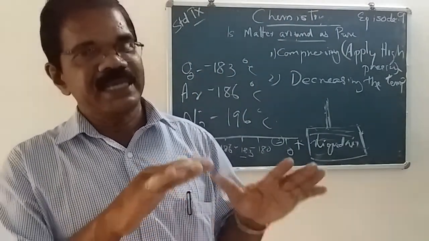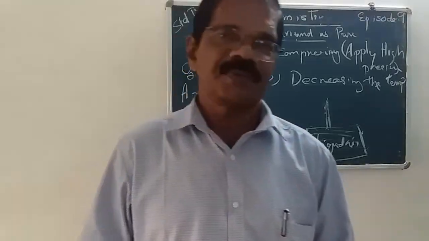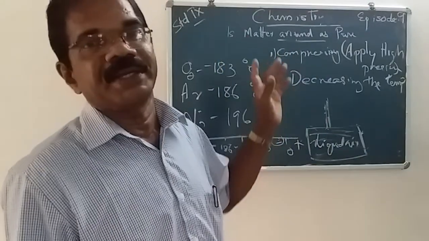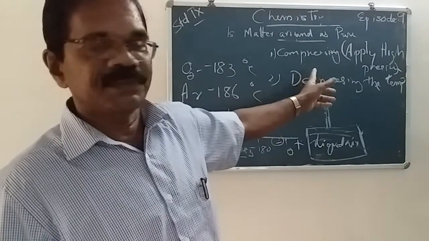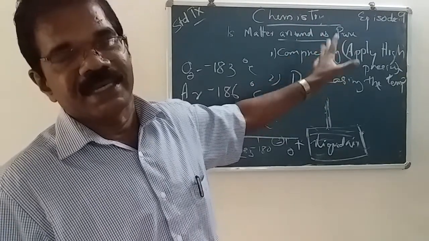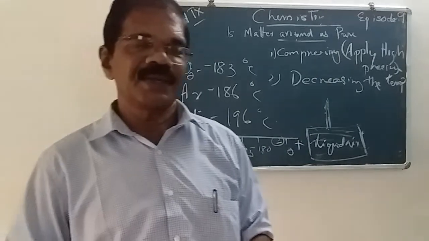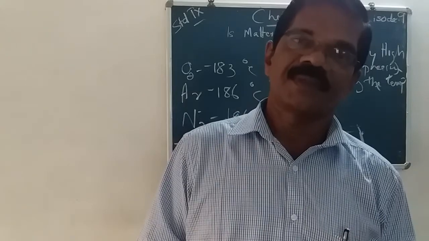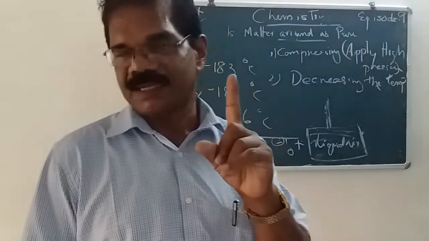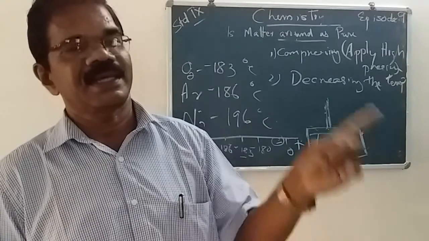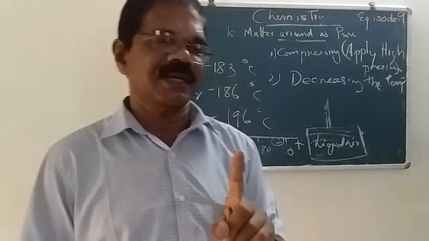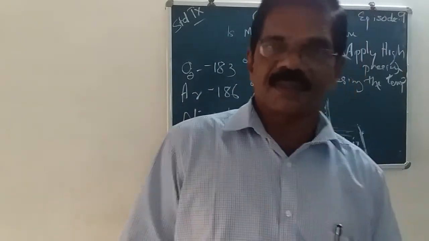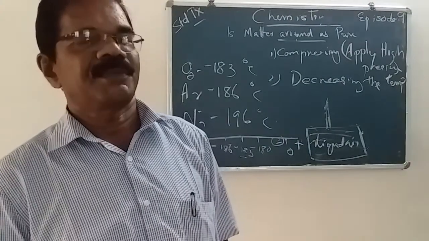Then we have to change the air into liquid form, by applying high pressure or compressing the air and decreasing the temperature. From the liquid air, we slowly allow it to warm up. Which gas do we collect at first? Nitrogen. Second, argon. Third, oxygen. Thus, we can separate the components of air present in the atmosphere. First, we liquefy and then separate the components.